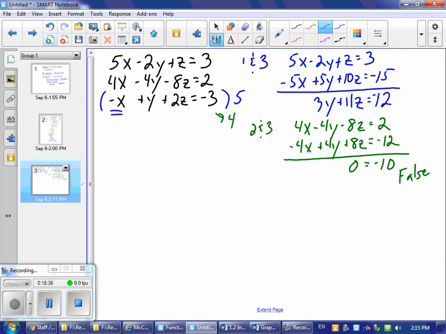What that tells me is that those two planes do not intersect anywhere because I end up with that false statement, 0 equals -10. Because those two planes don't intersect, there is no way for all three of them to intersect. So by virtue of getting 0 equals -10, we're done. This thing has no solution.